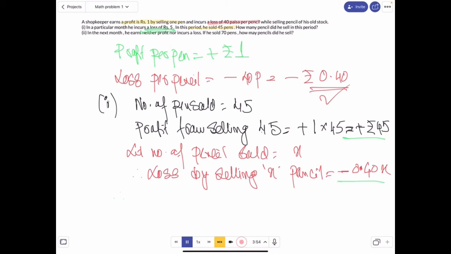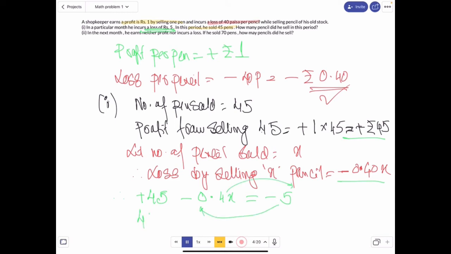Therefore 45, which is plus by selling pens, minus 0.4x is equal to minus 5. This minus is because he has made a loss. Great. So we can now do the equations. Let's bring this side and this that side, all the x together.